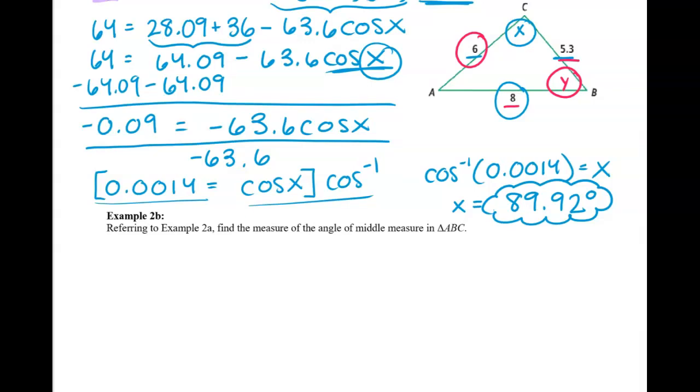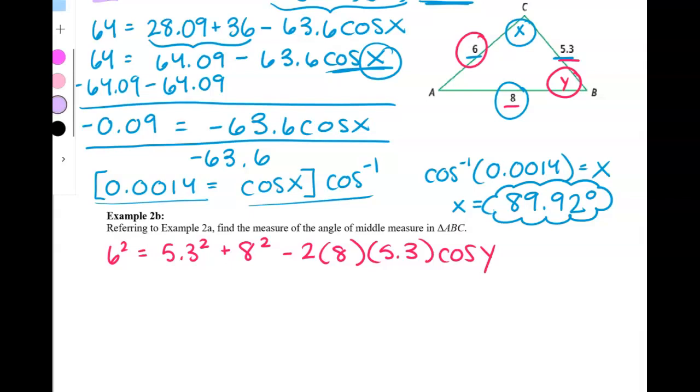So for the setup, we will have 6 squared equals 5.3 squared plus 8 squared minus 2 times 8 times 5.3 cosine of y.